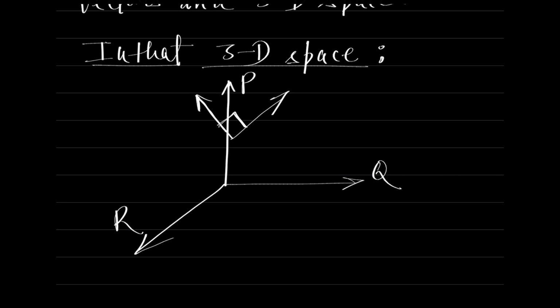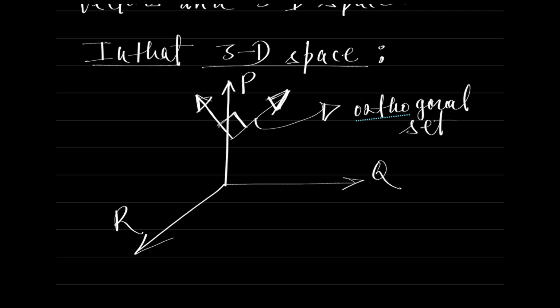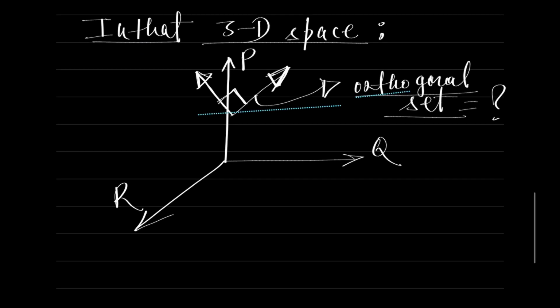This vector we have to find. So this is the orthogonal set, and this is required.